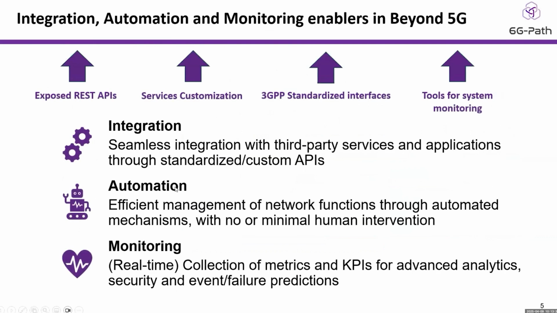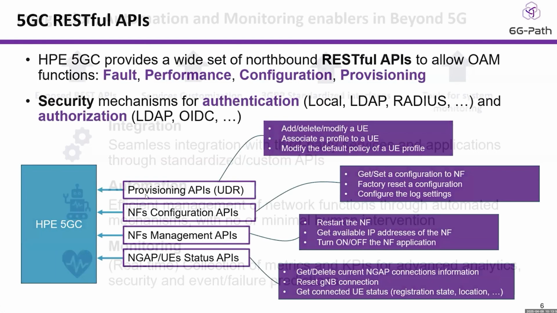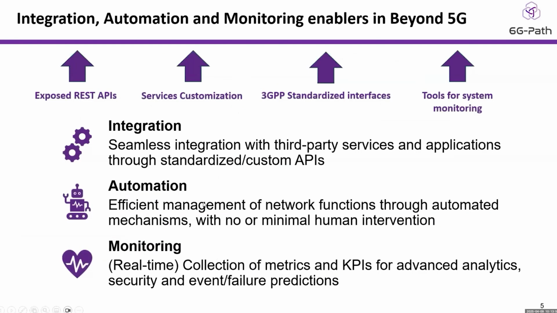Integration, particularly the possibility to make this system interact with many different services and applications using standardized APIs. Automation, using the APIs, for example, we can make the network programmable, also providing evolved automation of management of network functions with a minimum involvement of human users, and some improved functionality like observability and monitoring of the network.